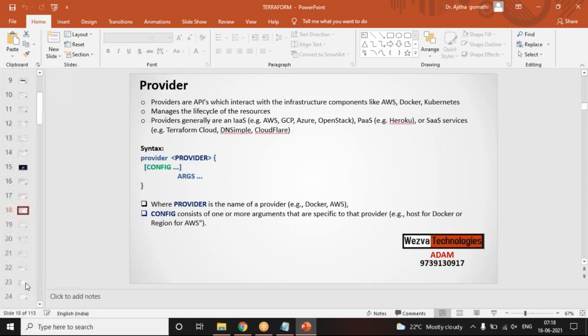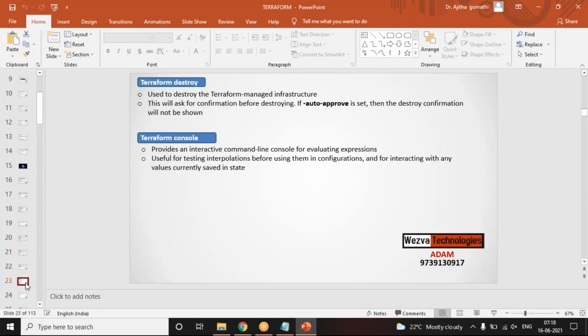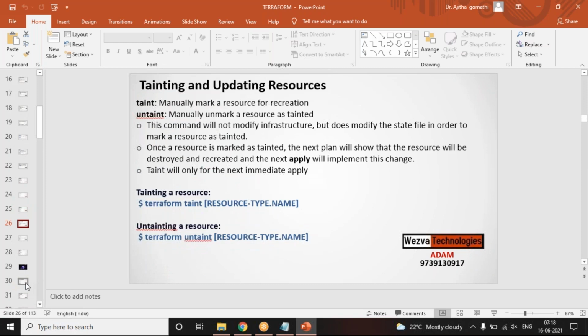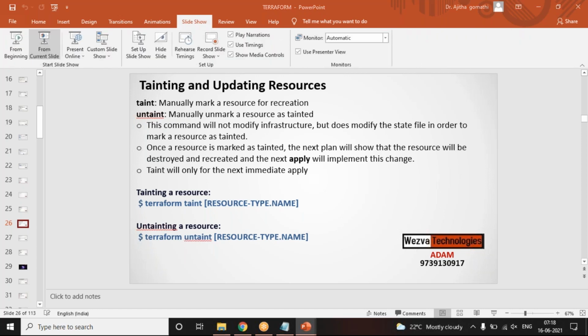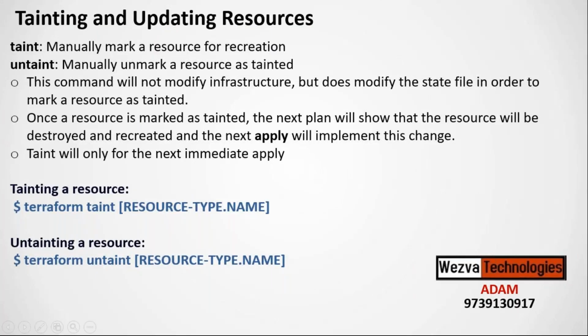Now, moving ahead with this basics, we'll now try to understand one of the topics called taint. Okay, so what do you mean by taint? So here, let's say when you run Terraform plan, so what happens?